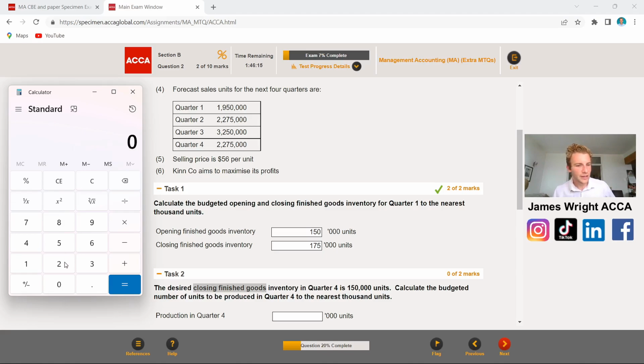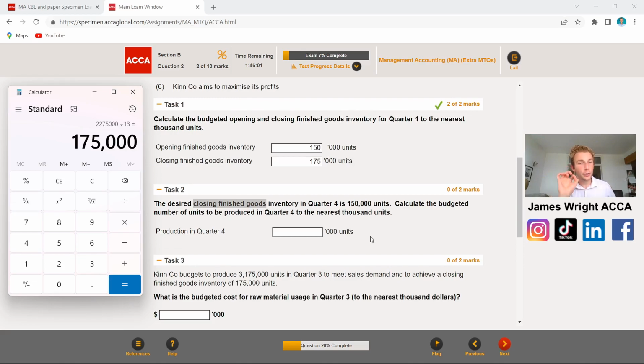So I'm going to take the 2275, and this is for quarter 4 on here, 0, 0, 0. I'm going to divide that by 13, and then that is my opening position for quarter 4 on there.